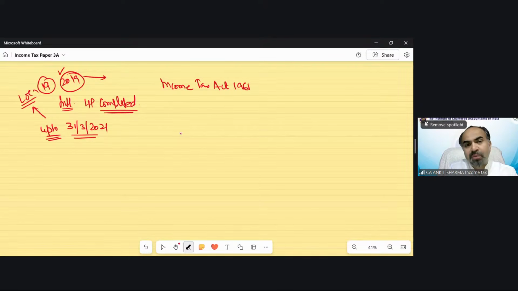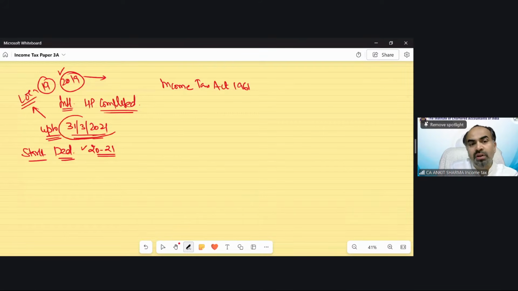So if your property has been completed up to 31st March 21, that means the deduction of interest would have started from year 20-21, because we start the deduction of interest from the year in which property has been completed.